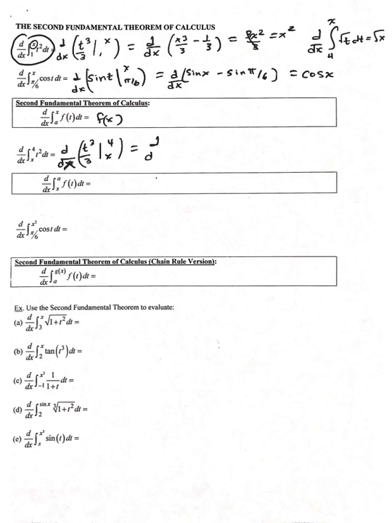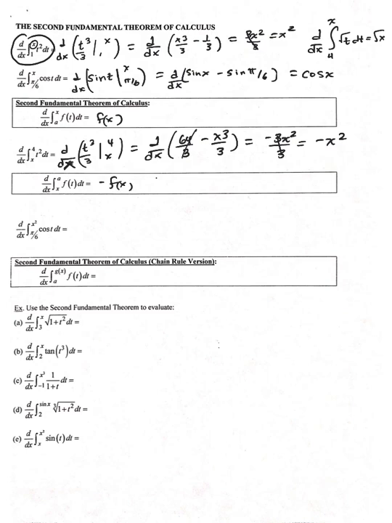So we have the derivative with respect to x of 4 cubed, well, 4 cubed is 64 over 3 minus x cubed over 3. Okay, but this is a constant, so the derivative is going to be 0. And then we get negative 3x squared over 3. So do you see that we just get negative x squared? So when the lower bound is x, we just negate it. So this is just the opposite of f of x.